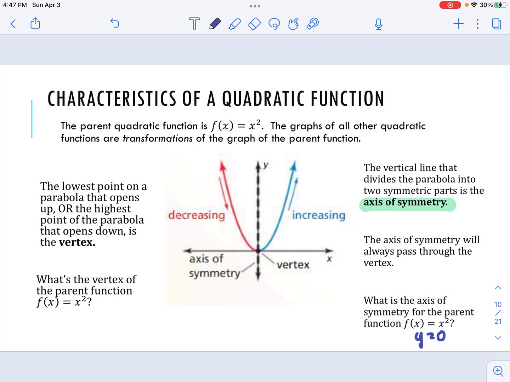Now, when we think about the words vertex and axis of symmetry, this should be leading us back into a specific unit we talked about. That's correct, absolute value functions. So as we're going through some of these quadratic functions, we're really starting to look at some similarities between quadratic functions and what we've learned about absolute value functions.